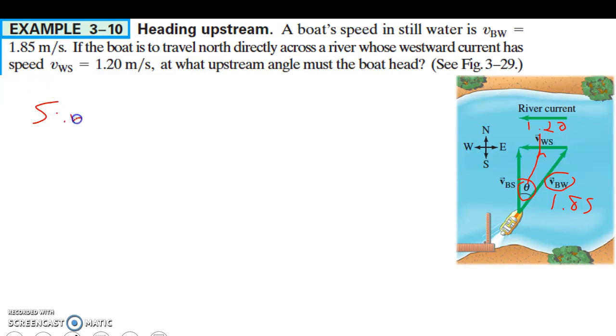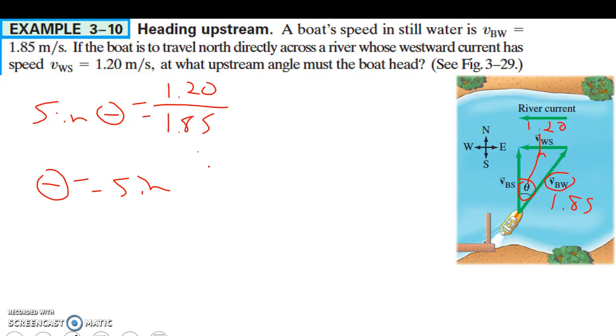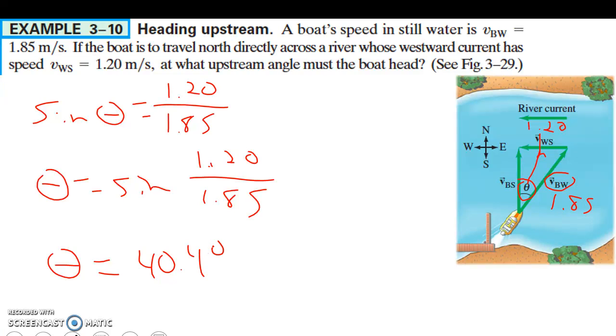So the sine of theta is opposite 1.20 over hypotenuse 1.85. I got to take the inverse sine of 1.20 over 1.85, and my theta, when I do all this math, is going to be a 40.4 degree angle. So that's the angle I have to take to make all this work.